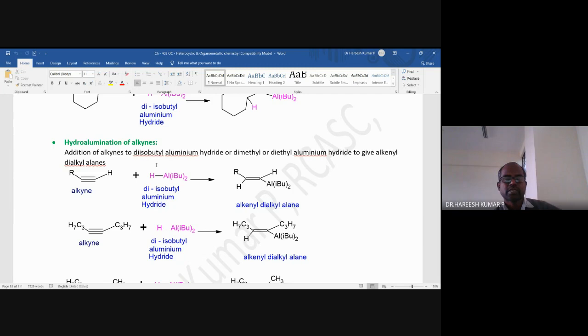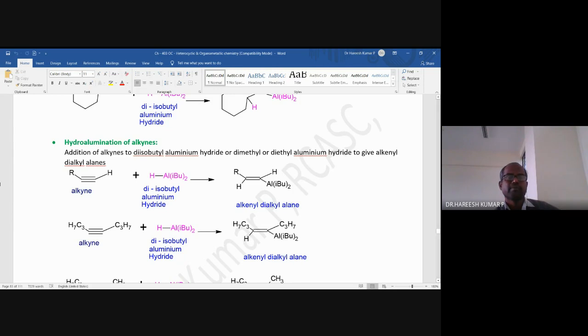We also discussed the synthesis or preparation of dialkyl aluminum hydride, and a few reactions. When dialkyl aluminum hydride adds to a double bond, it gives the hydroaluminated product.